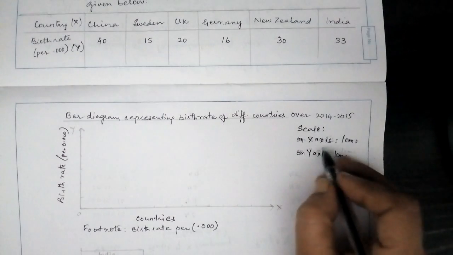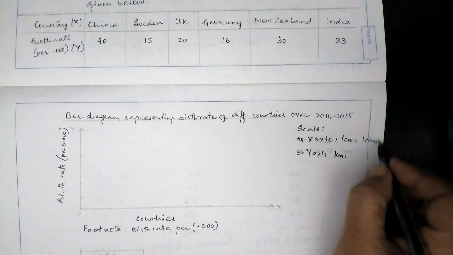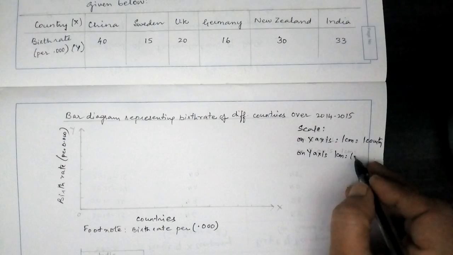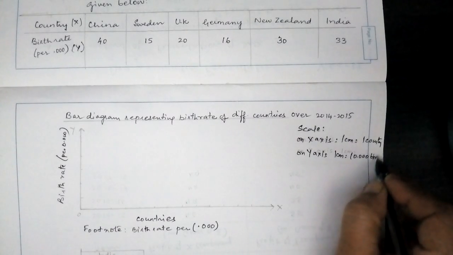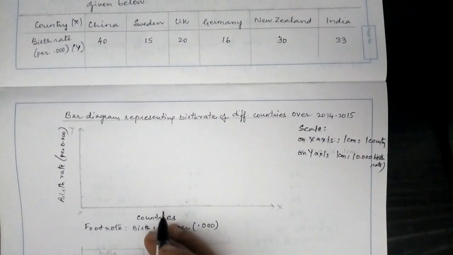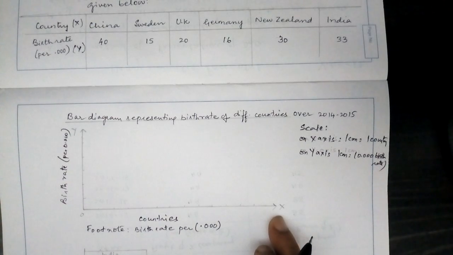Then what did we do on the x-axis? 1 centimeter is equal to 1 country, and on the y-axis 1 centimeter is equal to 1000 birth rate, birth rate per thousand.